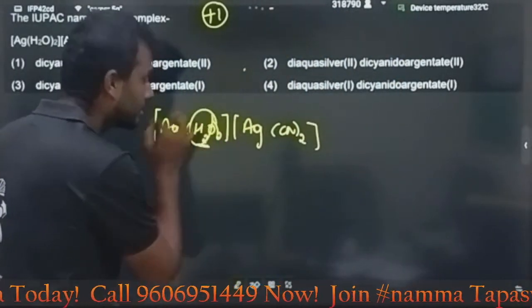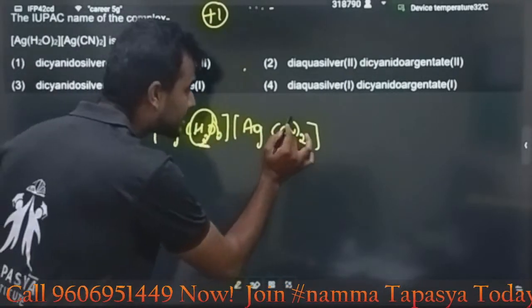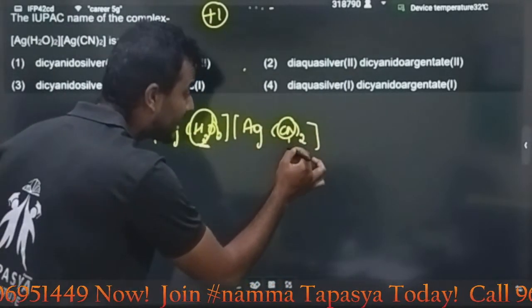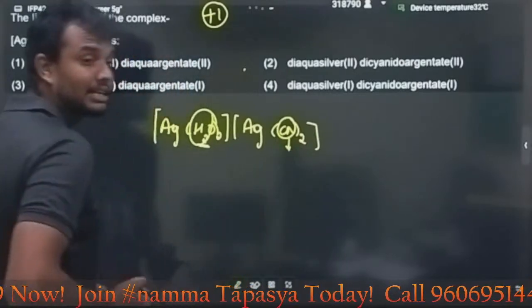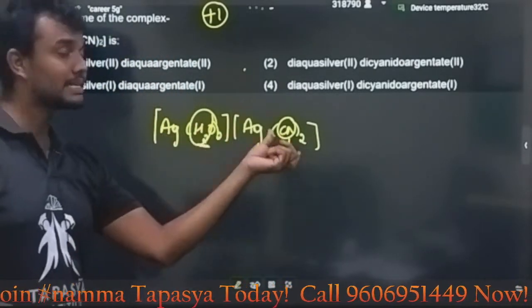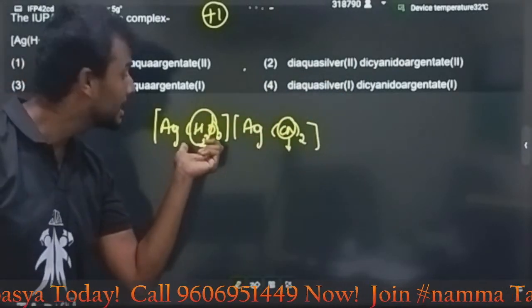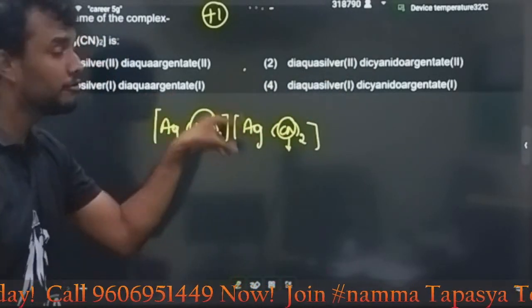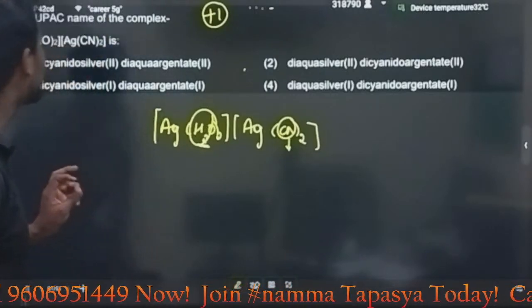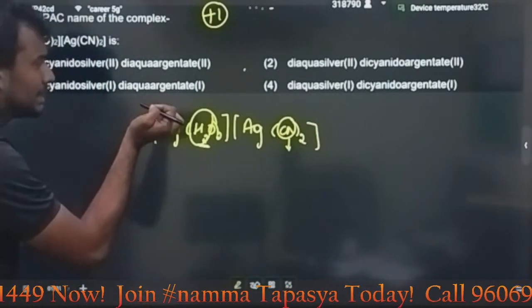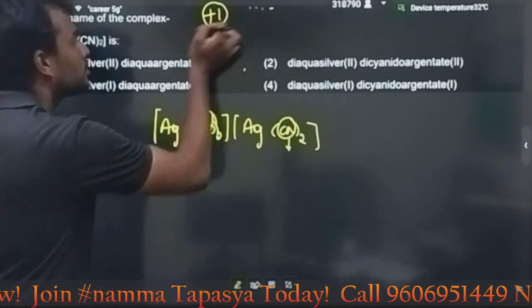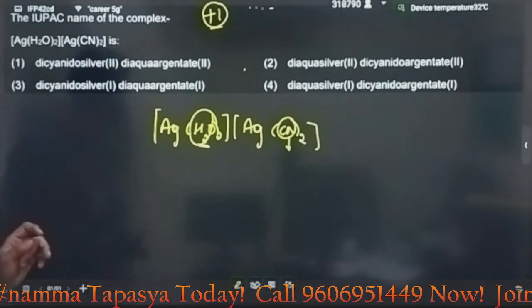Water is a ligand. Then cyano is also a ligand. It is a negative ligand, a negatively charged ligand. This is a neutral ligand. This is an anionic ligand. Cationic, anionic, neutral. If you come to this, look here, my dear students. Silver's common oxidation state is +1.